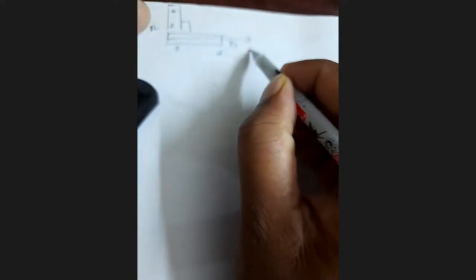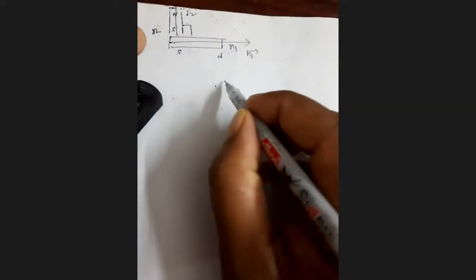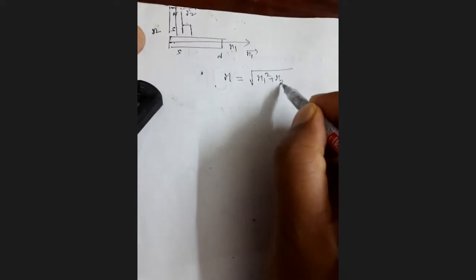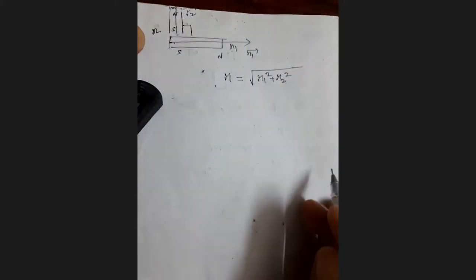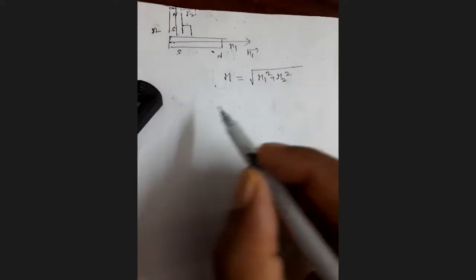This is M1 bar direction. The direction of M2 is south to north. This is M2 bar direction. The angle between the two vectors is 90 degrees. Then by applying the parallelogram law of vectors, it is the square root of M1 square plus M2 square plus 2M1 M2 cos 90, which becomes 0. So this gives the resultant magnetic moment.